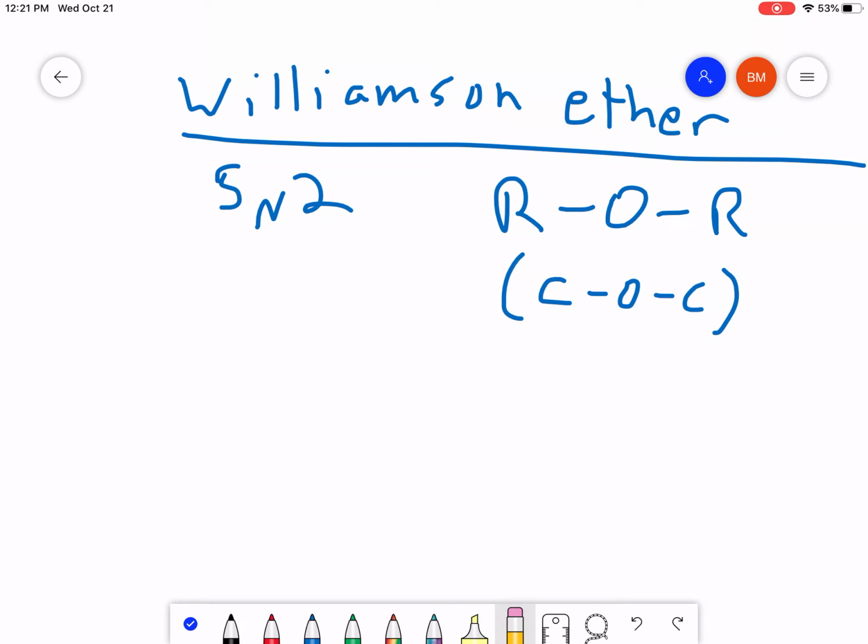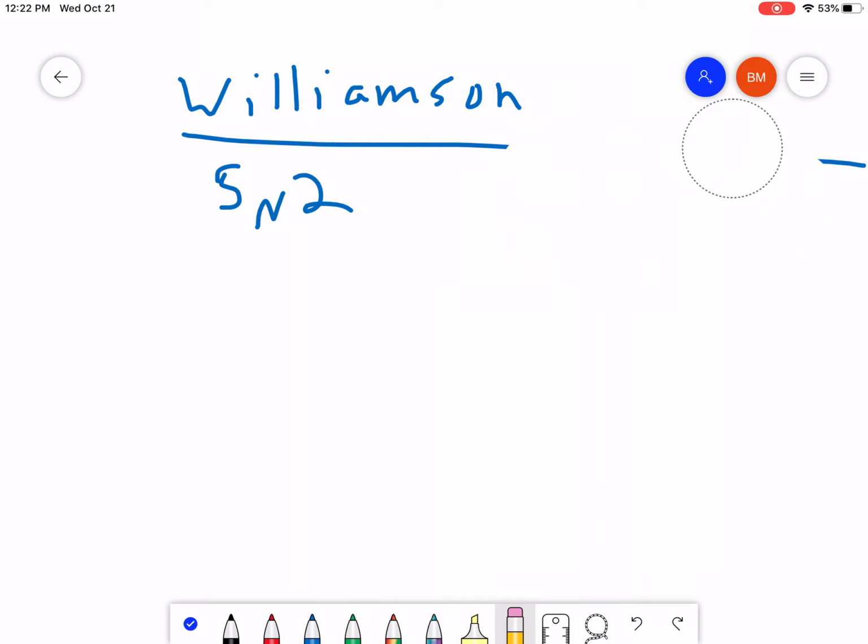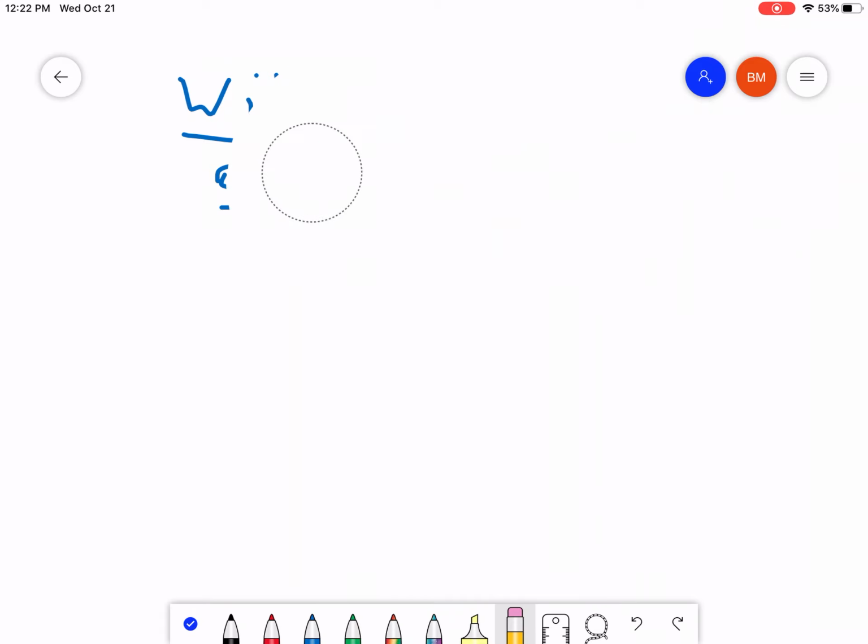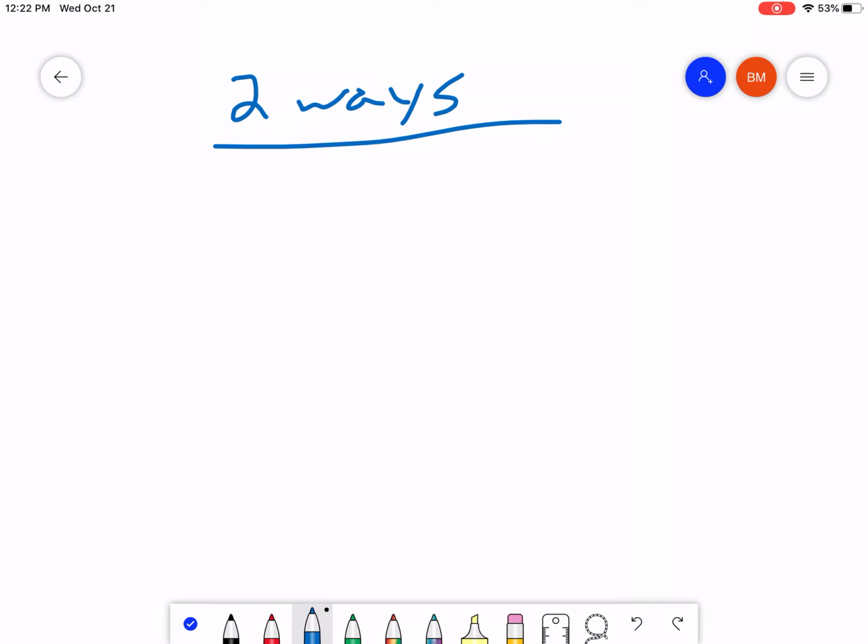You can actually make ethers via SN1 or SN2 reactions. The Williamson syntheses specifically are going to use SN2 mechanisms. All right? So there's a couple of different ways you can go about this. So let's say this was our target.